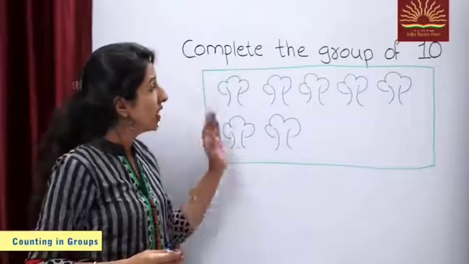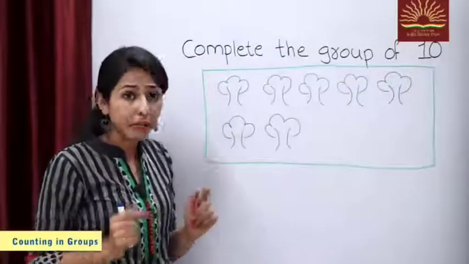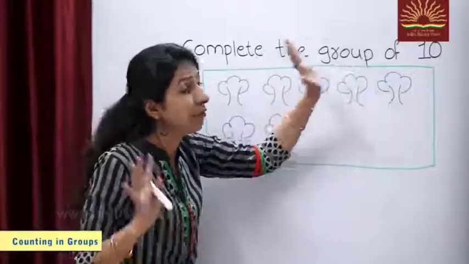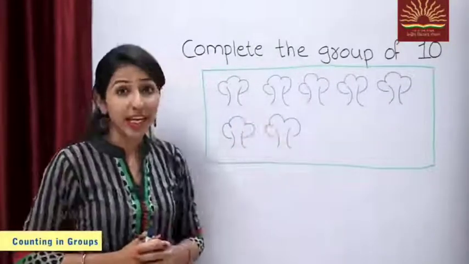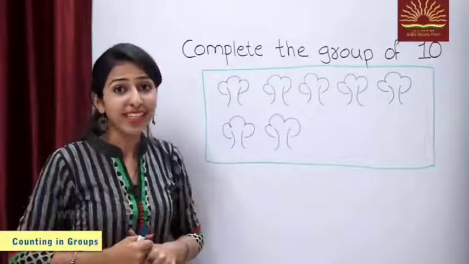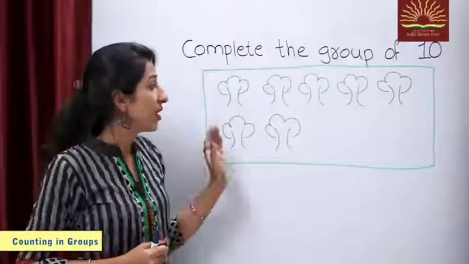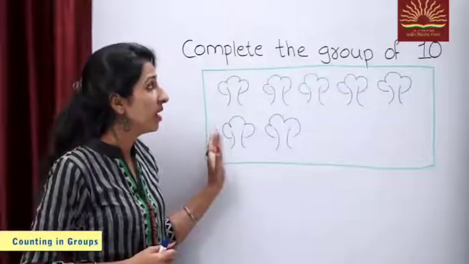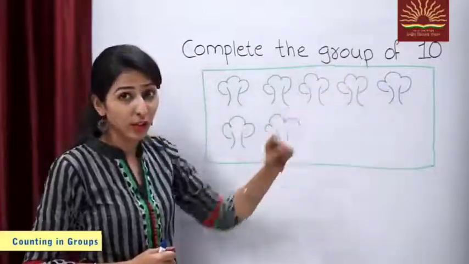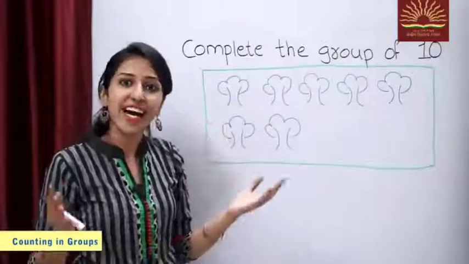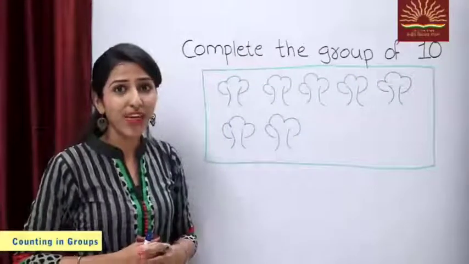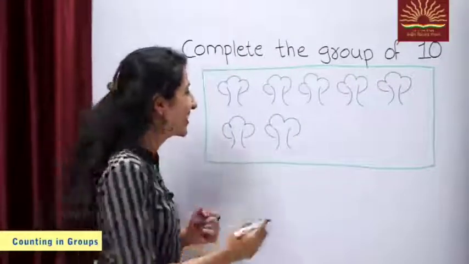So we have 7 trees on the board and we have to complete the group of 10. So tell me students, how many more trees are required? We have 7. We need 10. So 3 more trees are required. So let's draw 3 more trees.